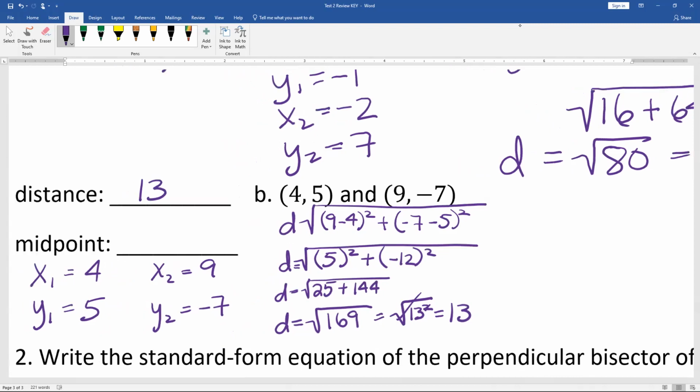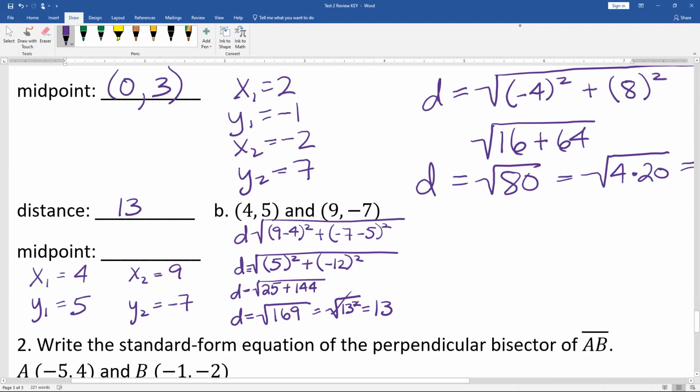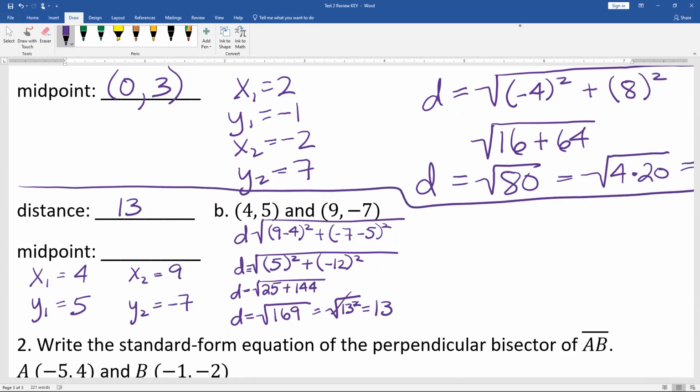All right, and then midpoint, use your same x and y. It's just super messy. Took up too much room Friday. Okay. Anybody remember the midpoint formula? All right, yep.